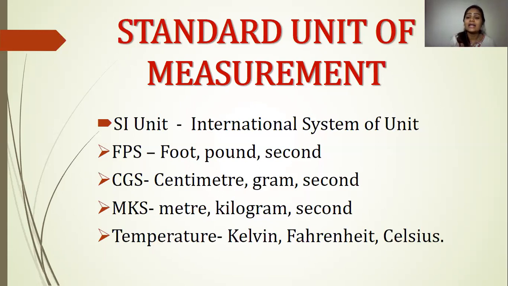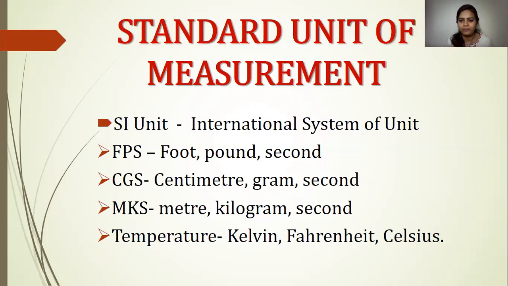So it was decided that there should be uniformity, that people all around the world follow the same standard. In that context, the SI unit system was decided, the International System of Units, which is the standard unit of measurement.